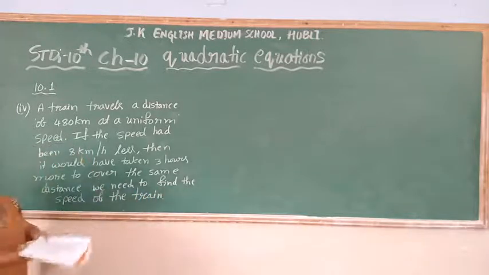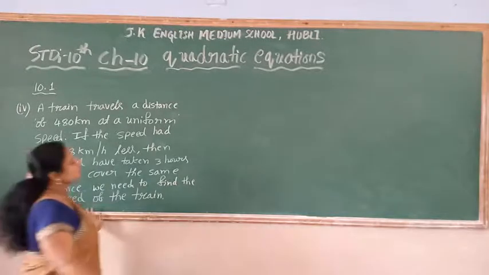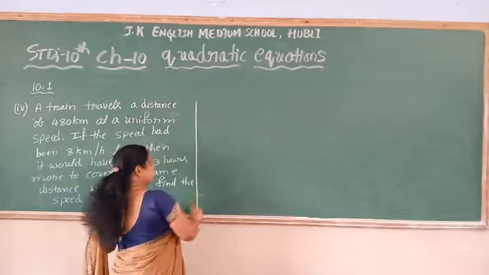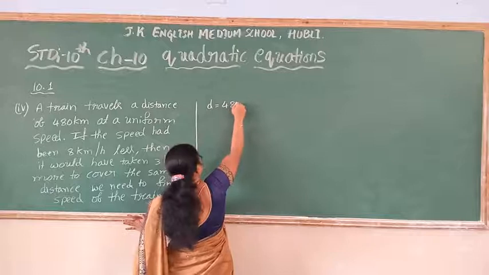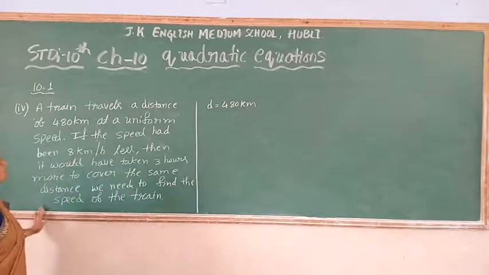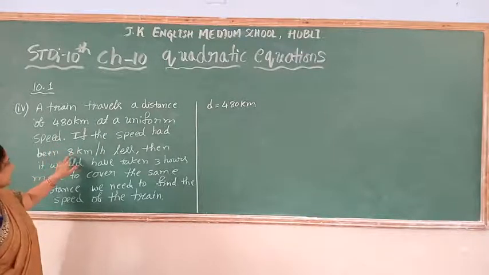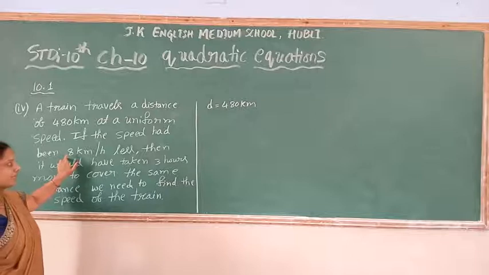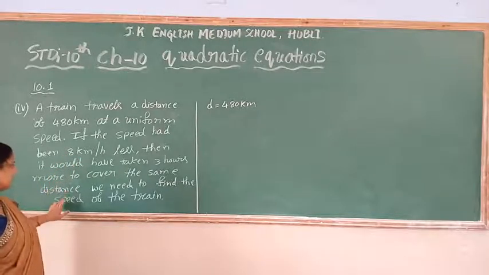So what we have to find out? Just see the question here. A train travels a distance of 480 km. So a train is traveling a distance, and we know the distance from this question: it is 480 km. If the speed had been 8 km per hour less, then it would have taken 3 hours more to cover the same distance.